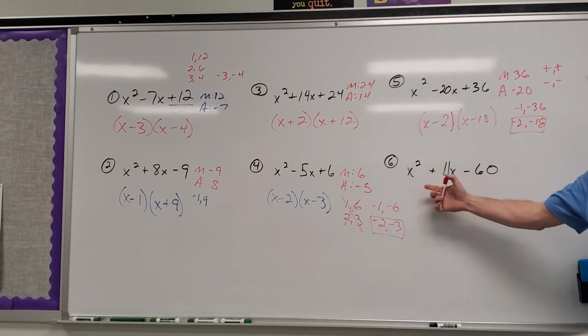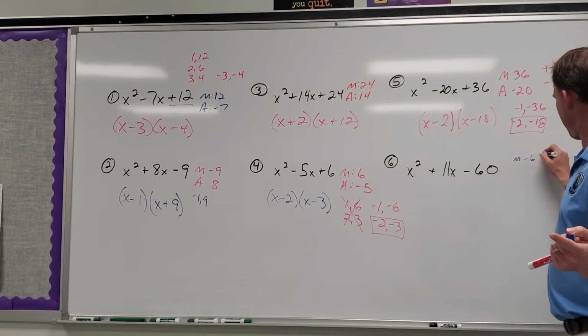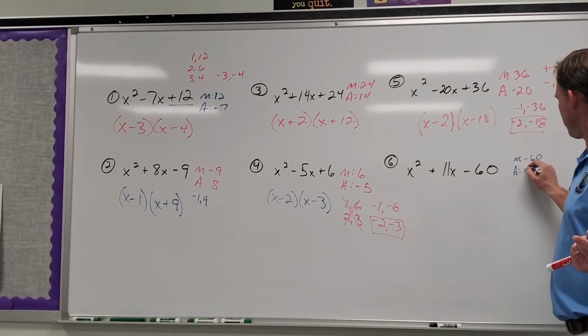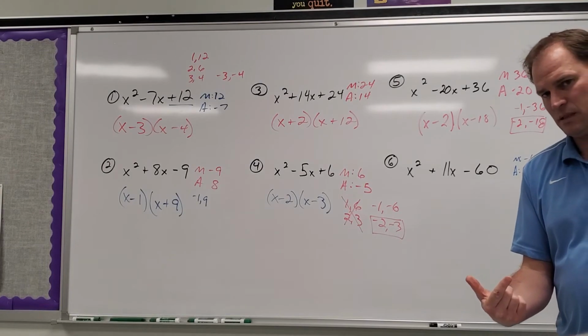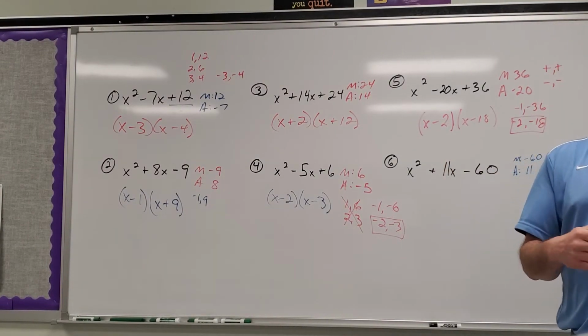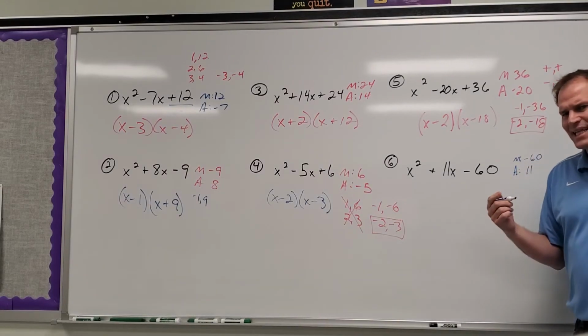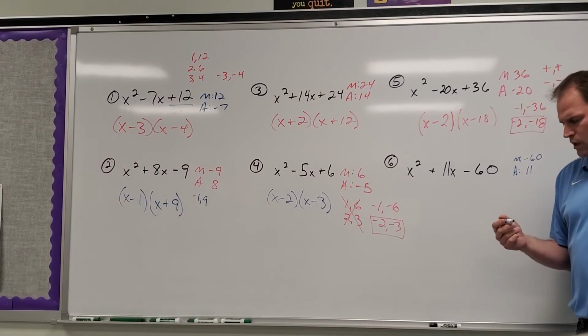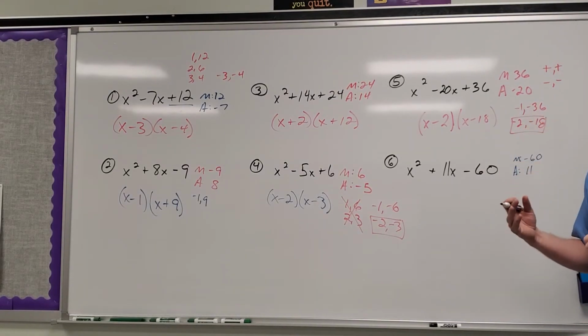All right? Number 6. What's my multiply number? What's my add number? So now, if my multiply number is negative, what does that tell me about the signs? Good, it's got to be one positive and one negative. So now I know it's one of each. And if it adds to positive 11, what does that tell me? All right, so that tells me that the bigger of the two numbers has to be positive.